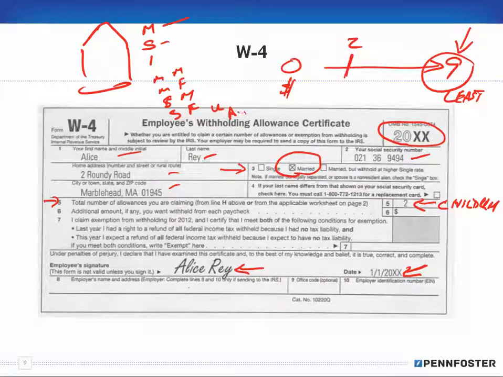Let's say I have my uncle's brother, 8, and my auntie's brother, 9. Okay, so what they were doing is they were actually claiming 9 allowances.